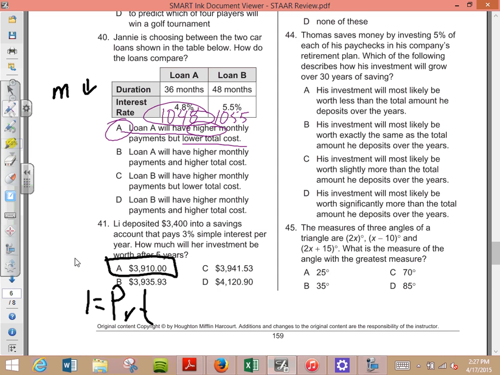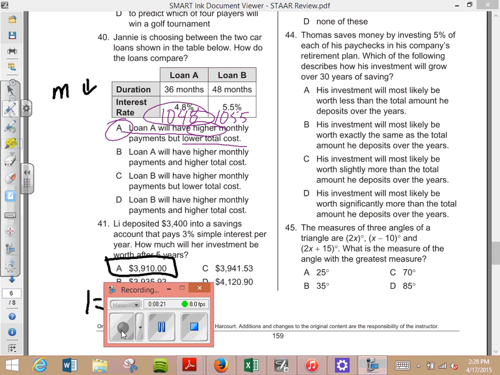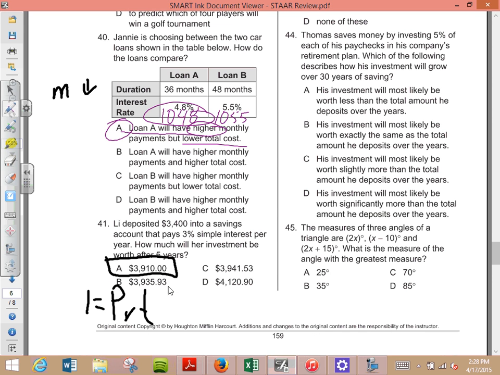All right, so you multiply 3,400 times 0.03 times the year 5.